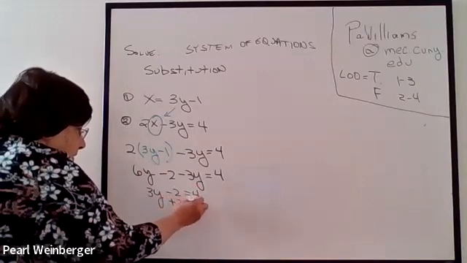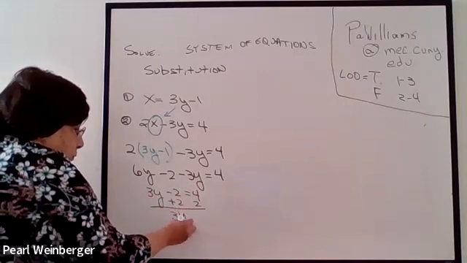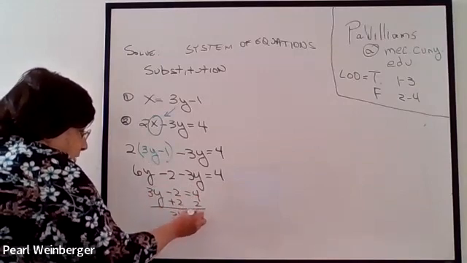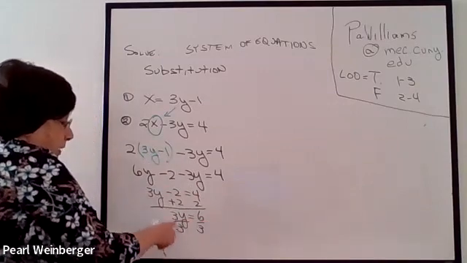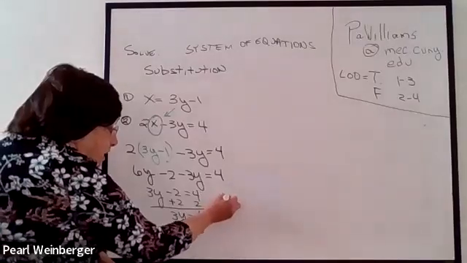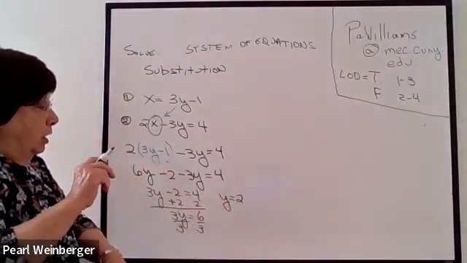Add 2 to both sides to get the y alone. So I get 3y equals 6. And divide by 3 gives me y equals 2. So I figured out what y is.